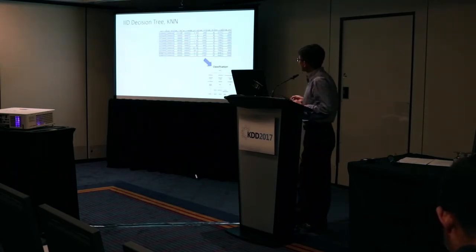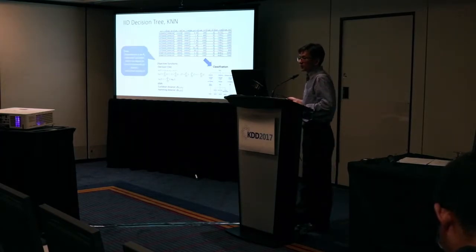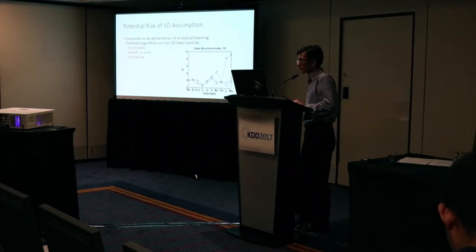Then let's look at another one, the typical classification models like decision tree or KNN. Similarly, they have the same issue here, right? The same assumption. We can go through many other typical algorithms and also some statistical methods, and we have to look at the assumption.